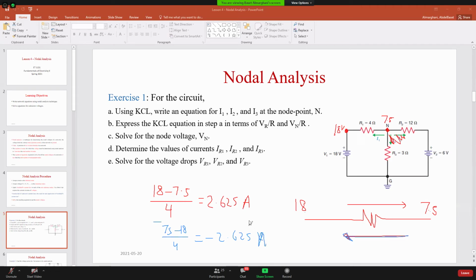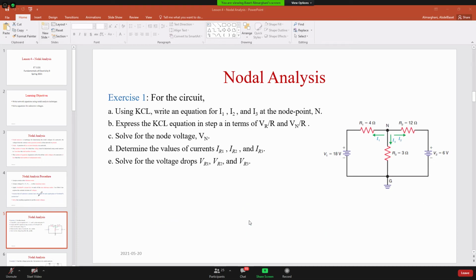So this guy got a negative number. It means that this direction is opposite. This guy got a positive number. It means this is the right direction for the current. But if the question says find the current in this way, you're going to give them the negative number because they give you the wrong direction. Anyhow, let's continue.